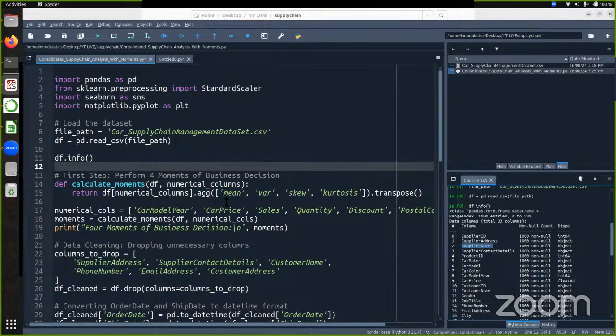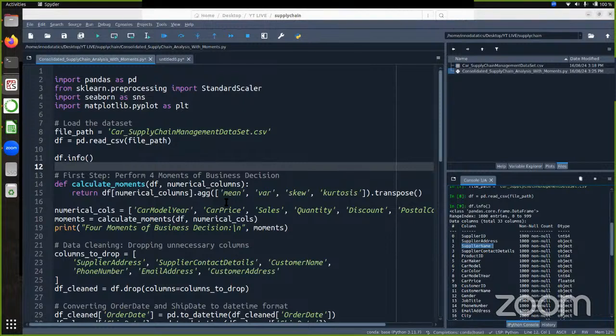And in our case, we will take a look at the variance. We will try to understand our dispersion using the variance.